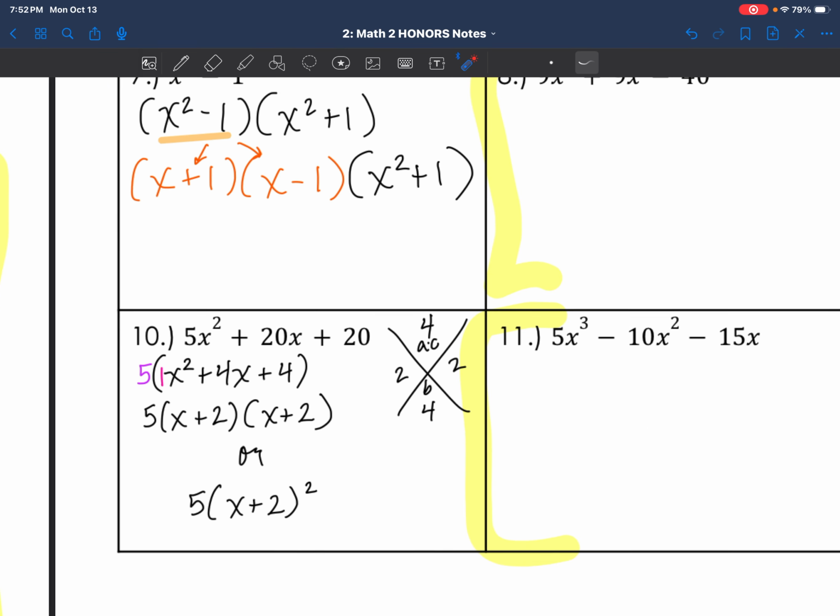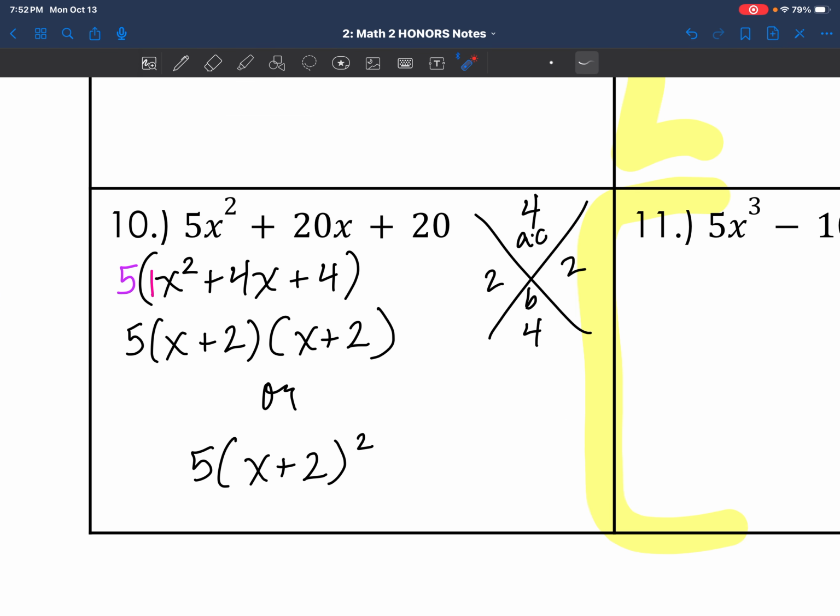Alright, last one on this one is, again, I'm going to do a times c, and I did my little x game over here. They all have 5 in common. So let's take 5 out first. I'm left with x squared plus 4x plus 4.